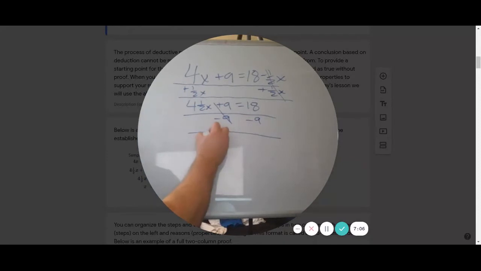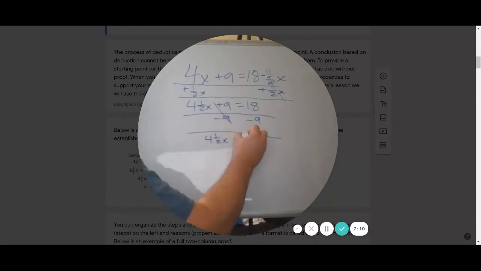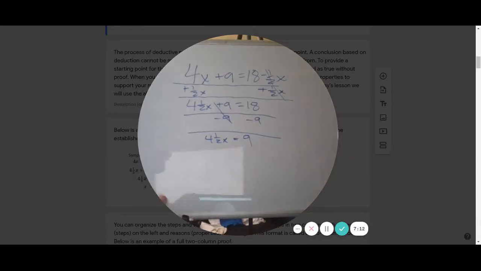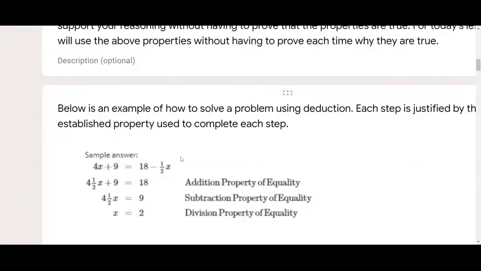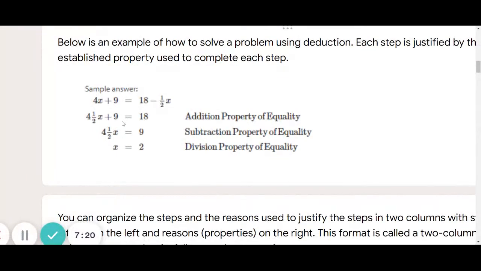Minus 9 gets us at 4 and 1/2 x equals 9. Okay, so they got to 4 and 1/2 x equals 9. What did they do? They subtract 9 from both sides. Look at this right here. You see that? They subtract 9 from both sides. That's what they say, subtraction property. You subtract 9 from here, subtract 9 from there, boom, you get right there.